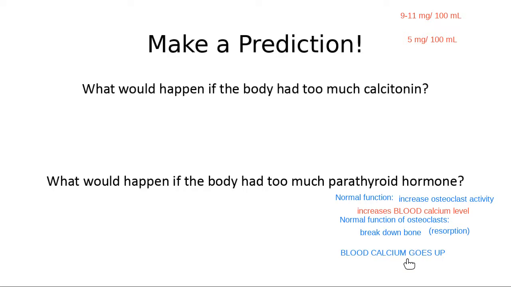I need it in the bloodstream. Therefore, you're going to do that job for me to bring that calcium level back up to normal. I need some feedback. What questions do we have right now?